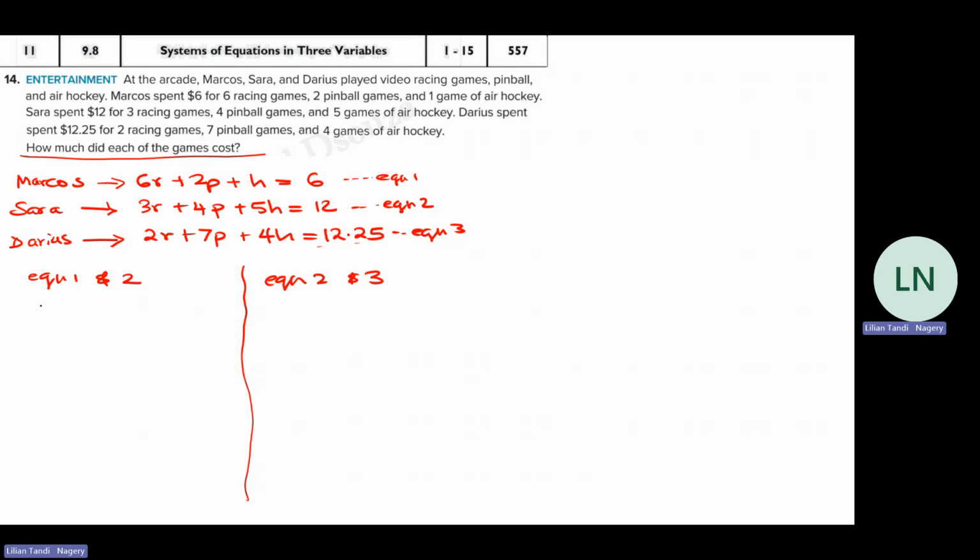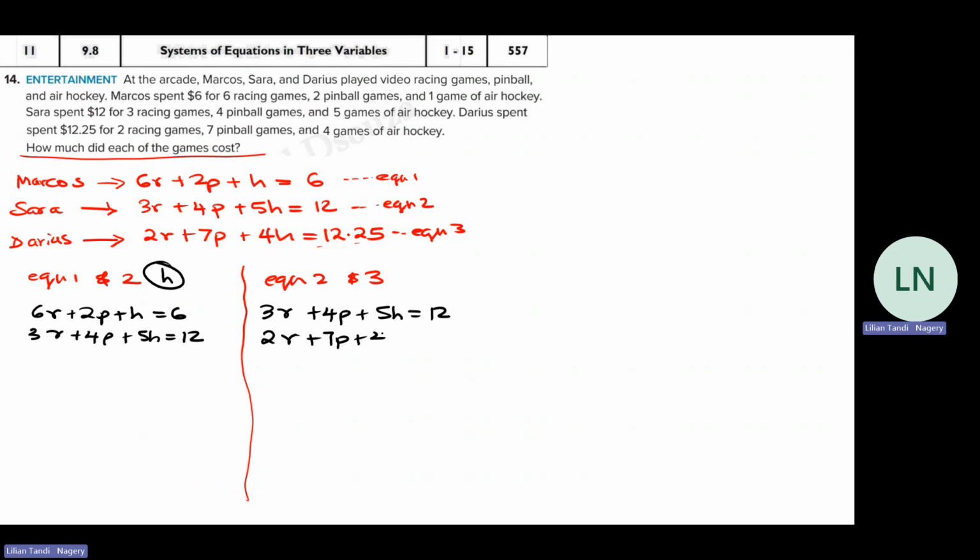All right, so now you have 6R plus 2P plus H equals 6, 3R plus 4P plus 5H equals 12. I will eliminate H because it has the lowest coefficient. So here I will have 3R plus 4P plus 5H equals 12. And here I have 2R plus 7P plus 4H equals 12.25.